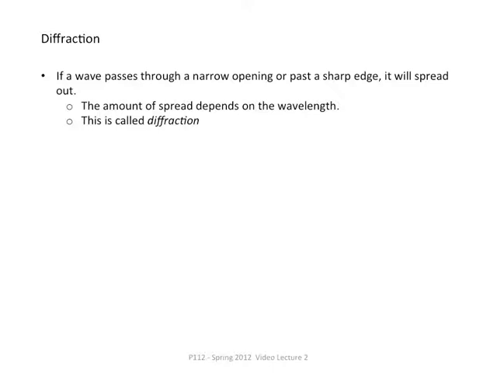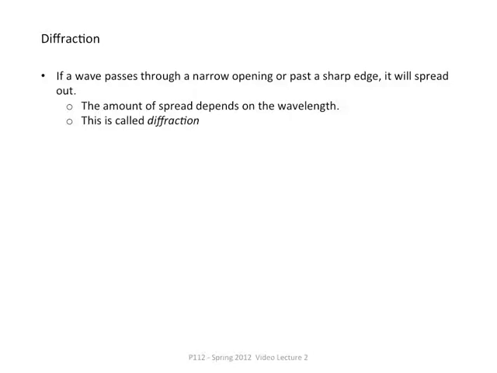If the entrance to the harbor is large compared to the wavelength of the waves, they pass primarily straight through, and there isn't much effect. Near the edges of the harbor, though, the waves get bent. If the harbor entrance is very small, then the effect is larger and in fact becomes dominant, and you see the waves spreading out.